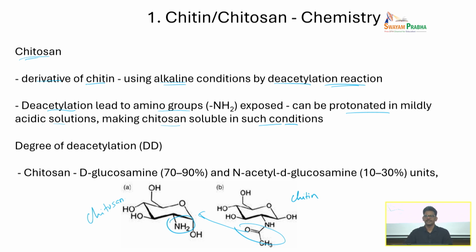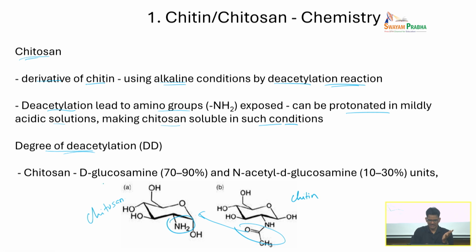Now if you recollect, when we talked about pectin, we distinguished pectin as high methoxy and low methoxy based on the degree of esterification. There in pectin we use methanol to do esterification, so the degree of esterification or degree of methylation is something we define. Similarly, in this case we have something called the degree of deacetylation. The native chitin will have acetylated amine. To what extent you do deacetylation is called the degree of deacetylation, and typically even in chitosan, 100% is not deacetylated, it's only 70 to 90% deacetylated.